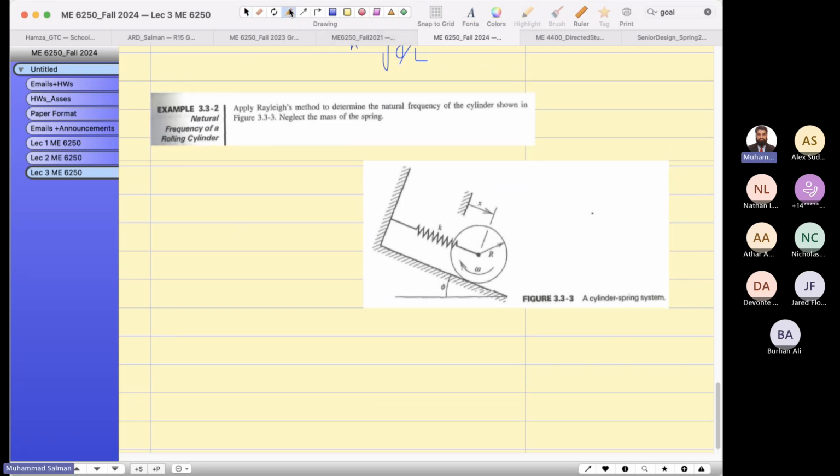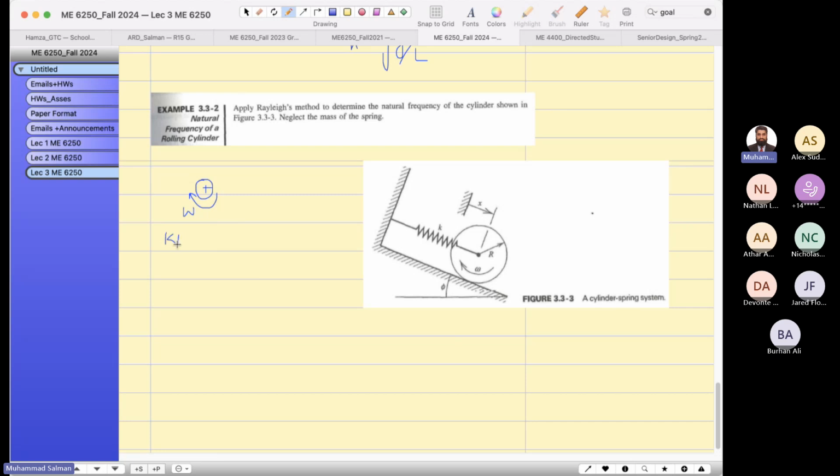The question is asked, apply the Rayleigh's method to determine the natural frequency of the cylinder shown in the figure. Before I start this one, I want to show you any body which rotates, and of course the rotational velocity is omega.